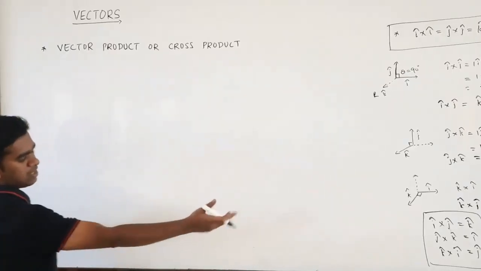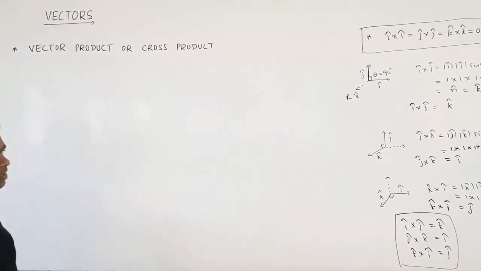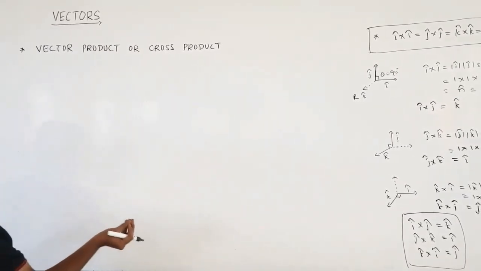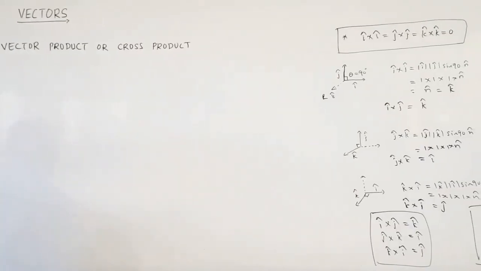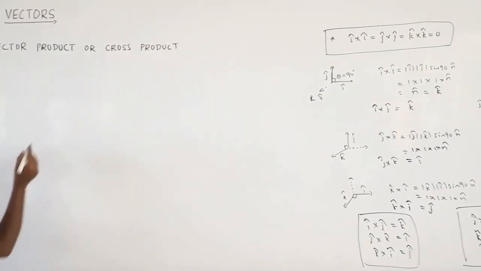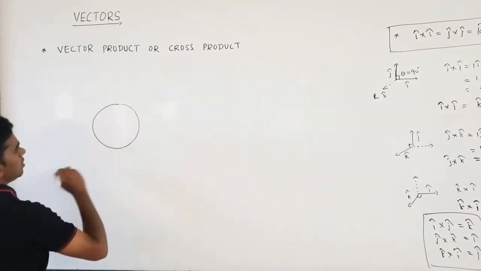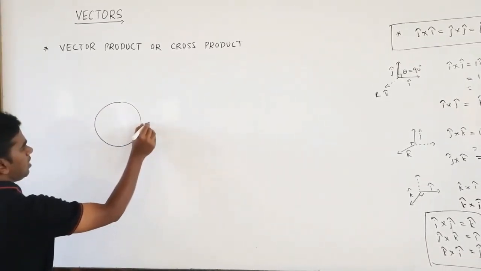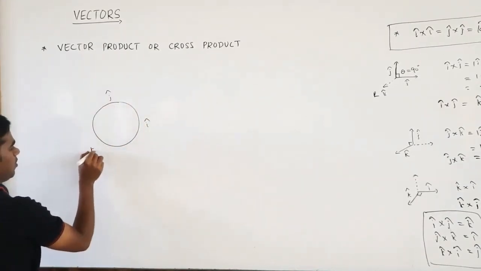So you may ask me how we can remember all those things. There is not much to remember over there. Simply, if you know the right hand rule, you can easily answer. But if you want to remember it another way, you can take a circle. Here we will take i cap, here it is j cap, and on this side it will be k cap.